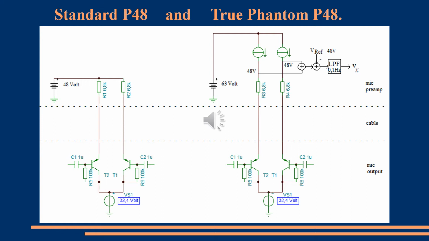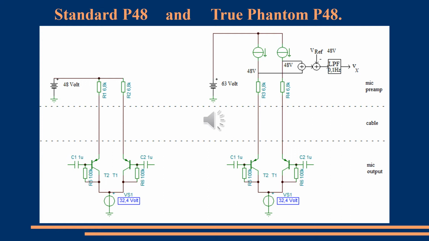Then you see the wire and then you connect your microphone to the preamp with two 6K8 resistors and the 48 volt. This is the standard situation.